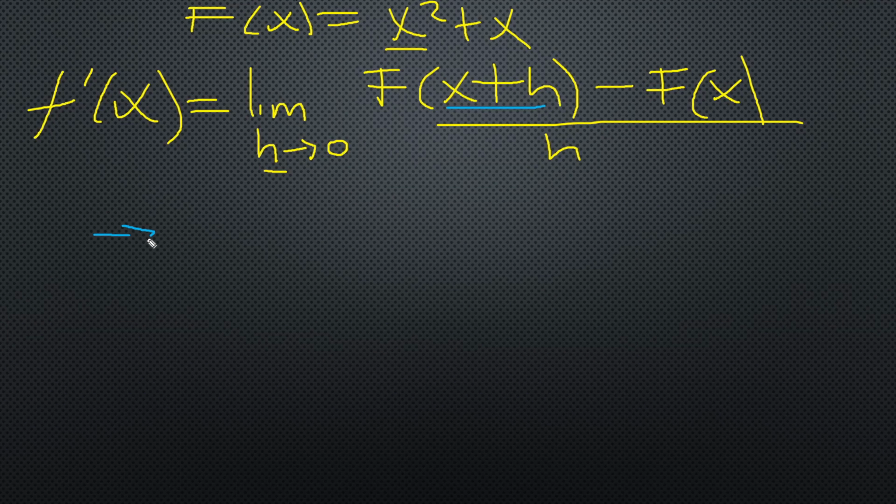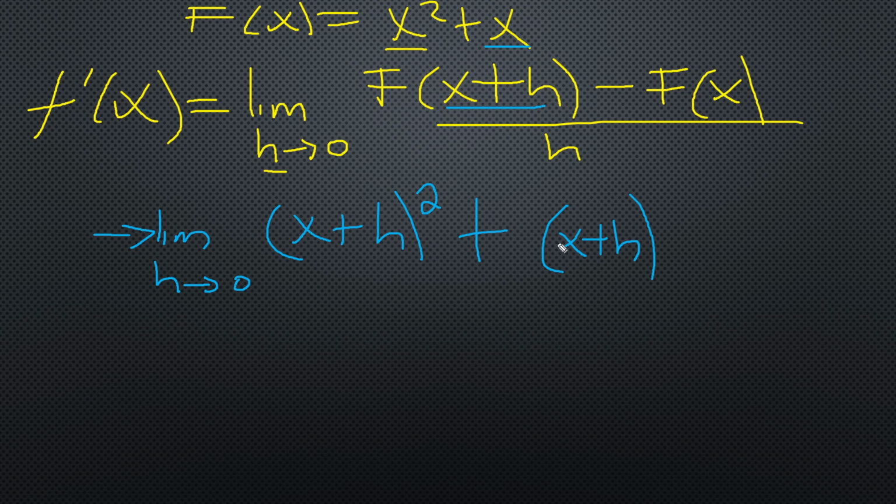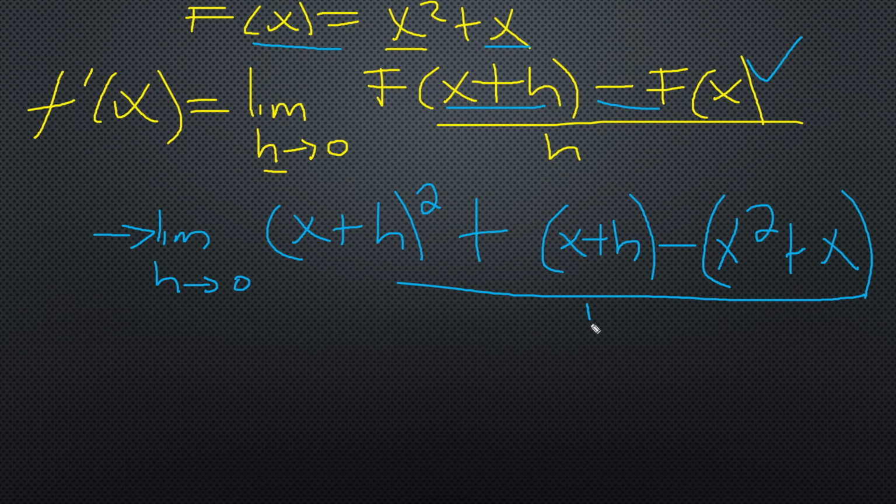So that implies that we are going to say the limit as h approaches 0 of x plus h, all squared, plus x plus h, minus f of x, and f of x is the entire function, so that will be minus the entire function in the bracket, all over h.